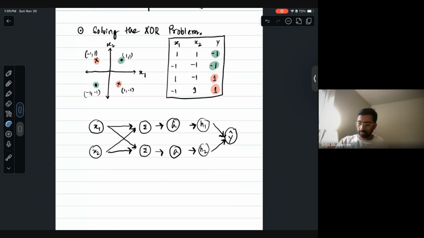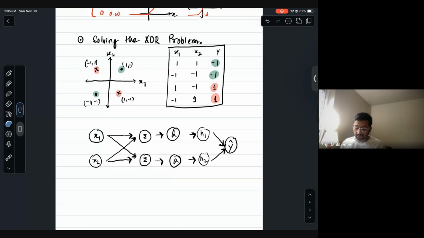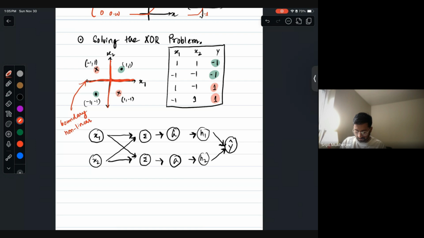Let's call it 1. These are the class labels. So the question is, first of all understand we cannot solve this using just linearity, because you see the boundary here is non-linear. So it's not a linearly solvable problem. Cannot solve it linearly.